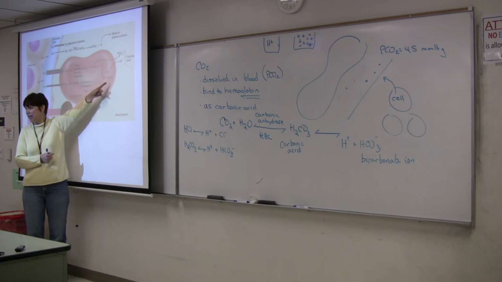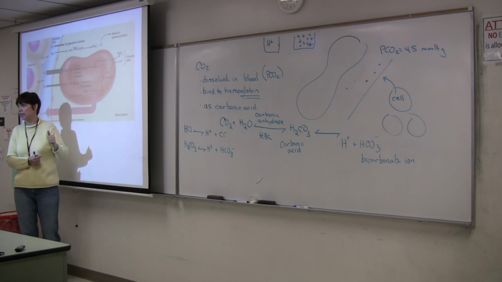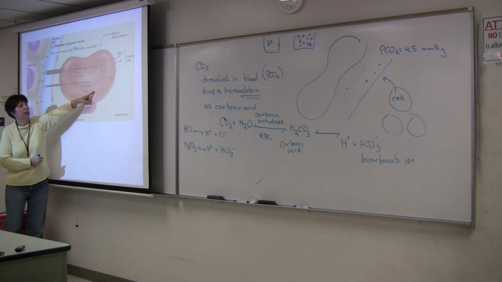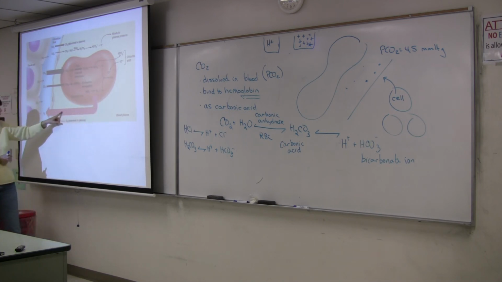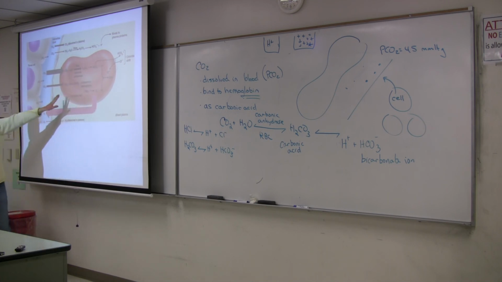But it will change the shape of the hemoglobin and make it easier for oxygen to dissociate by lowering the affinity for oxygen. Okay? So here comes off the oxygen and it goes out to the tissues. Now, this is internal respiration. Okay? Oxygen going to the tissues and carbon dioxide coming from the tissues and entering into the blood either to be solubilized or forming carbonic acid.